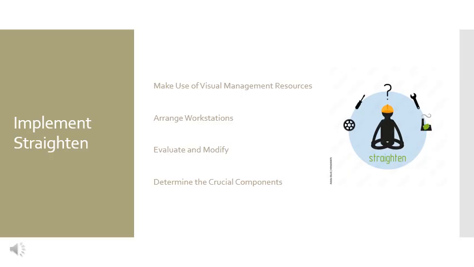The next one is arrange workstations. This explains the importance of efficient workstation layouts. This highlights how organizing a workstation to fit the workflow and the user's needs can enhance productivity, reduce strain, and improve focus.